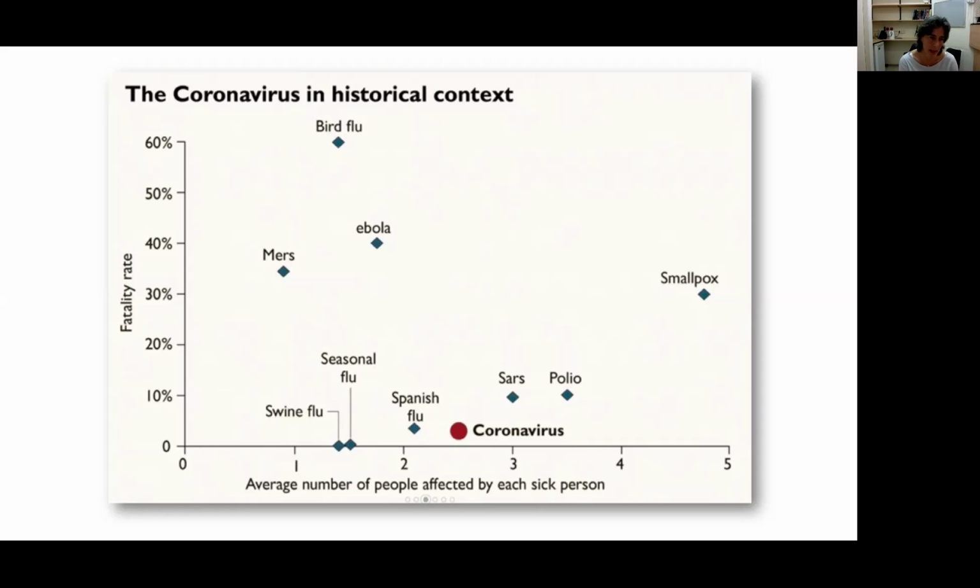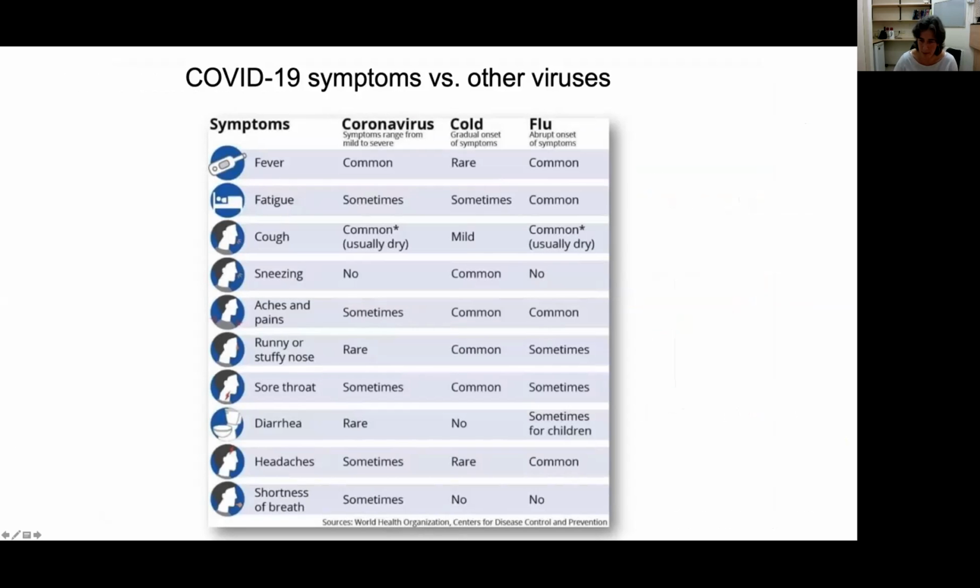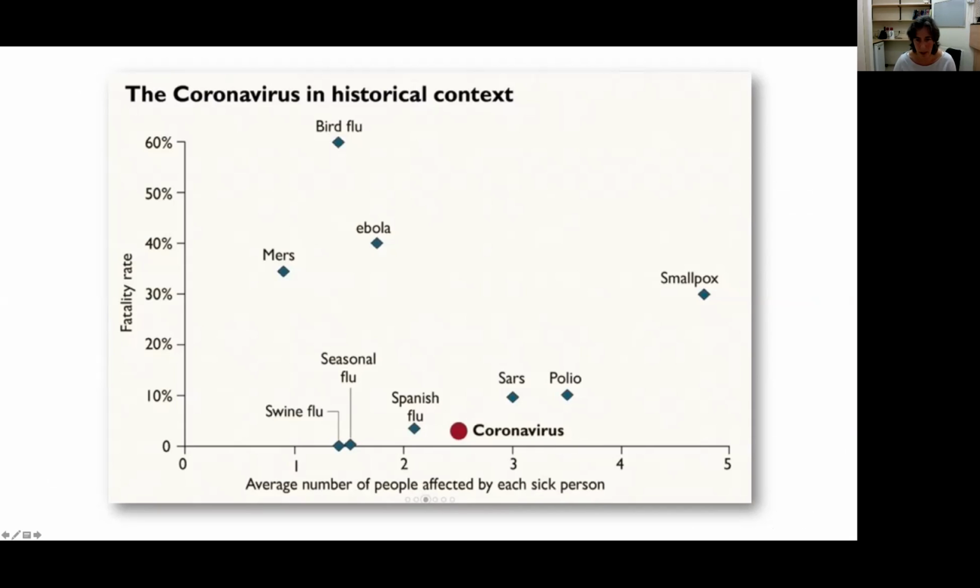And on the y-axis, you have the case fatality rates. And you can see our coronavirus over here compared to other epidemics that we had before.